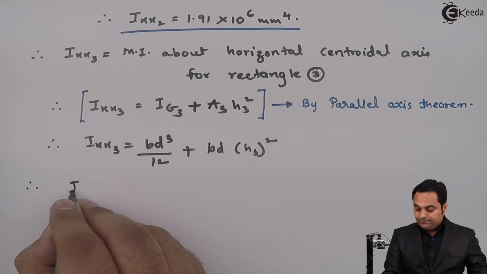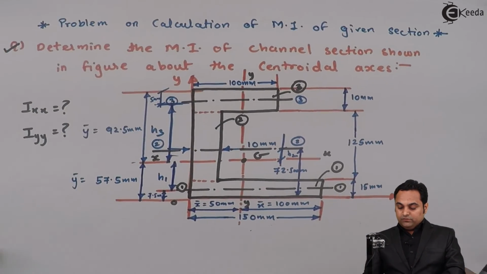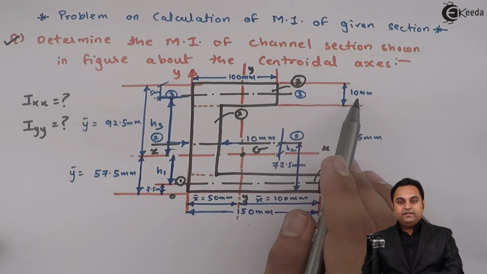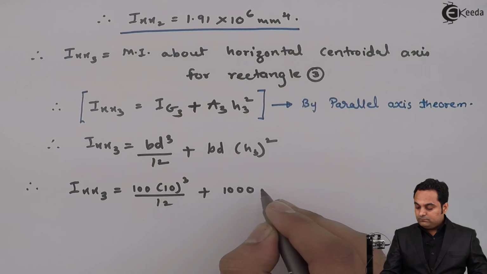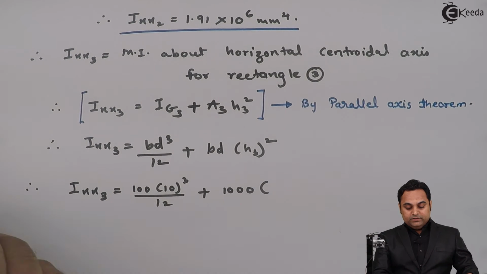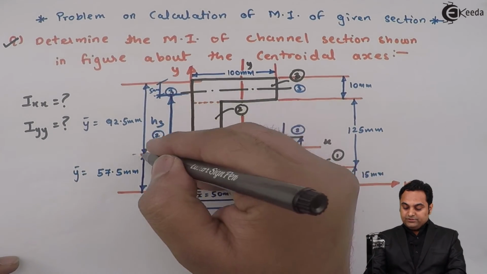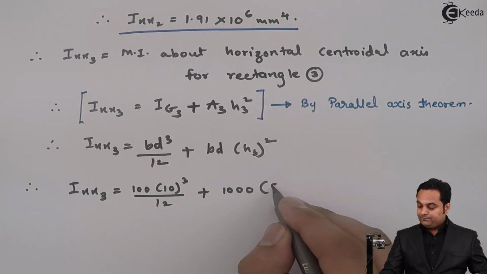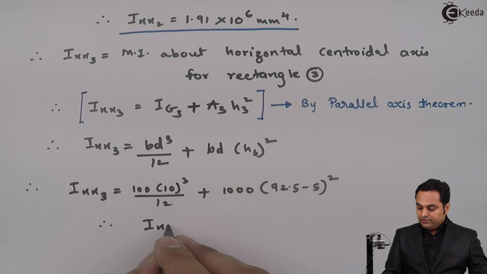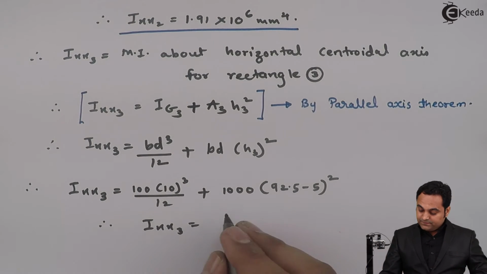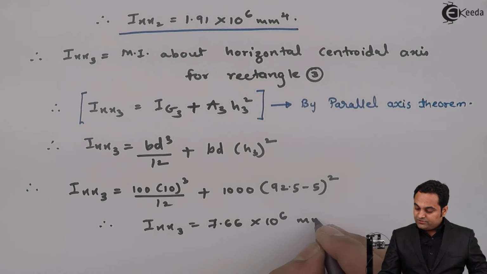Therefore Ix3 is equal to, for the third rectangle, B is 100, D is 10. Now H3 is the distance between the two axes, so it is 92.5 minus 5. So if we calculate, the answer of Ix3 is 7.66 into 10 raised to 6 mm raised to 4.